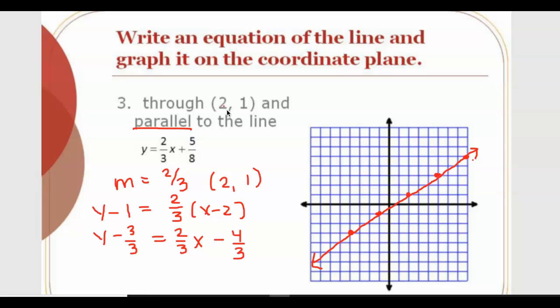So you add that 3/3 to the other side, and you get y equals 2/3 x minus 1/3. And again, hopefully from that graph, you can see that your y-intercept is about negative 1/3 down.